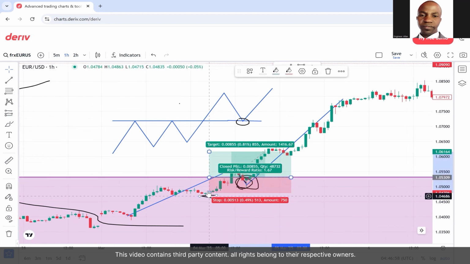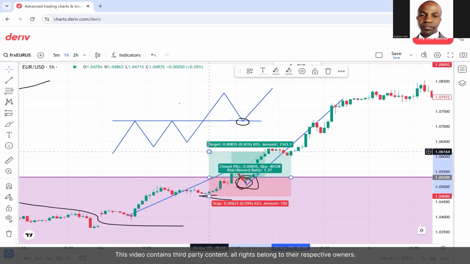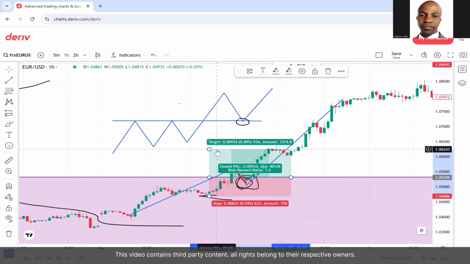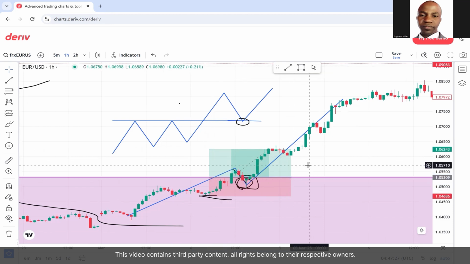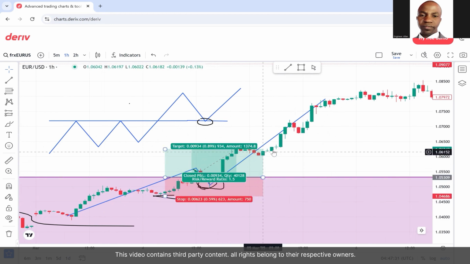So we can make the entry there. For short-term buys, our target is looking for 1 to 1.5, a risk to reward of 1 to 1. So 1.5 is around there. That's our first take profit.